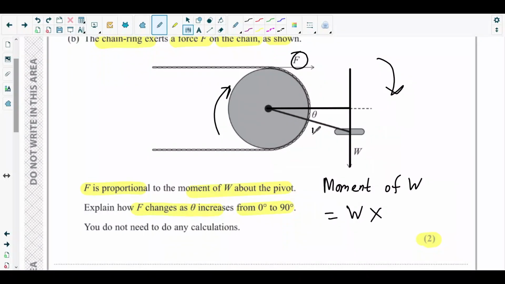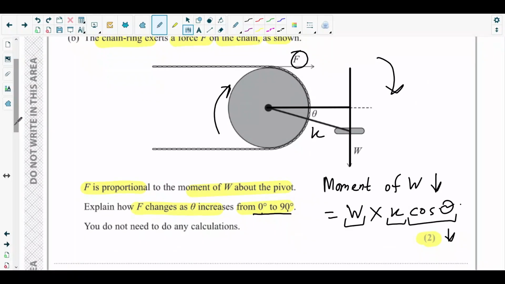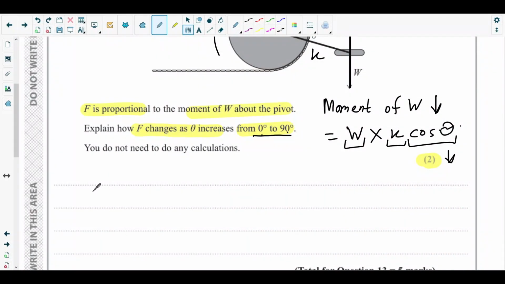If you say the length of the lever is x, so x cos theta, right? So if theta increases from 0 degree to 90 degree, W is constant, x is constant, but theta is increasing from 0 to 90 degree. We know that the value of cos theta will decrease. Therefore, moment of W will decrease. Hence, the force F will also what? Decrease. Fine.